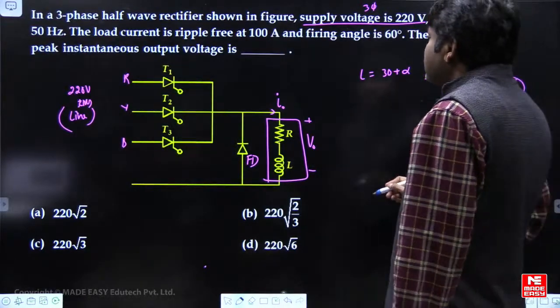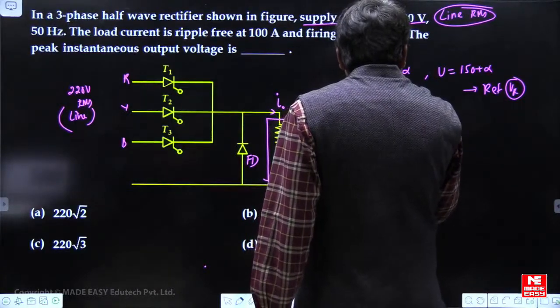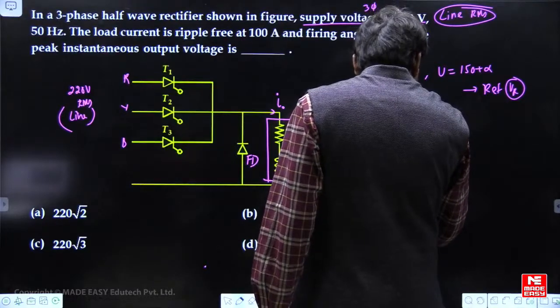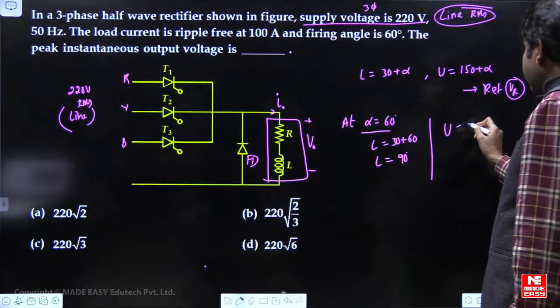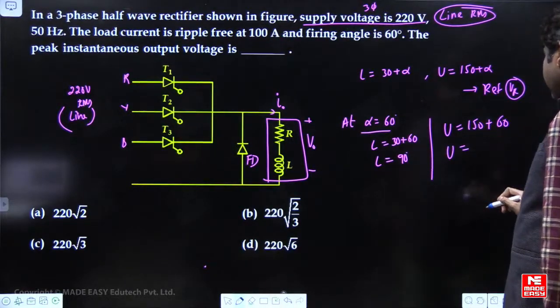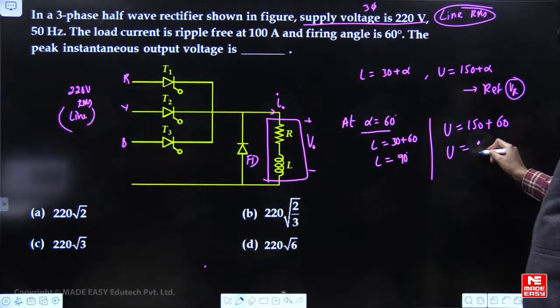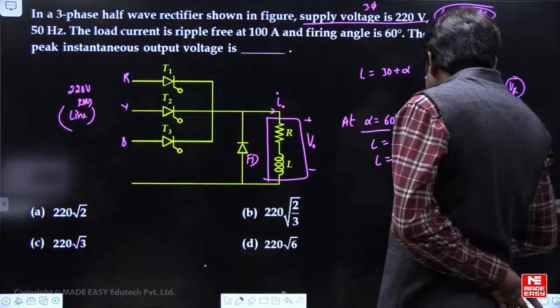Now alpha is equal to 60 degrees, so the lower limit is 30 plus 60, that is 90 degrees, and the upper limit is 150 plus 60, how much is it? 210 degrees.